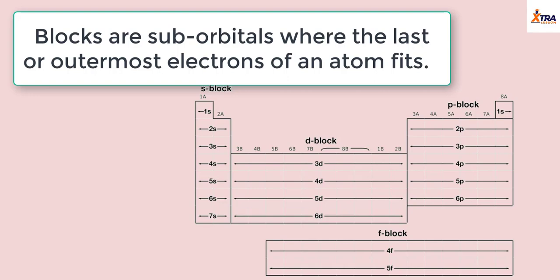So there are just 4 blocks in the periodic table: S block, P block, D block, and F block. And these blocks are generated from the suborbitals we have. The suborbitals were given to us by Pauli when he studied the Pauli exclusion principle, and we understood what suborbitals were. We have the S, P, D, and F suborbitals.